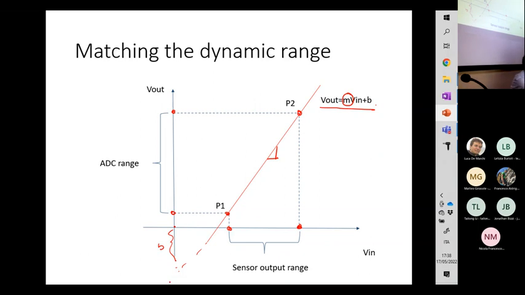How can we implement this dynamic range matching function? Well, first of all, we have to take into account the fact that this M can be positive or negative, and the same applies to B. It could be less than 0 or more than 0.